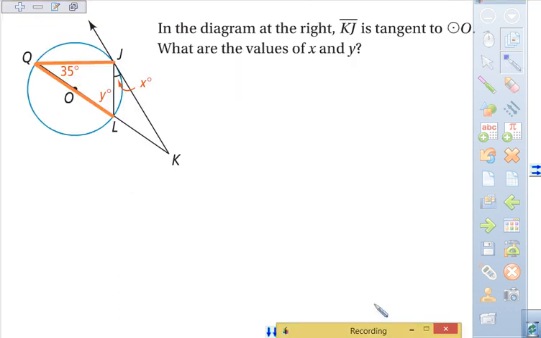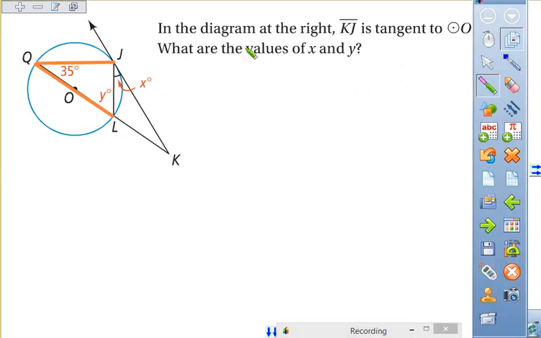In the diagram at the right, segment KJ is tangent to circle O. What are the values of X and Y? The first thing that I notice is that here is an inscribed angle. That angle intercepts this arc. That pink arc would be double 35, so I'm going to write 70 in there.